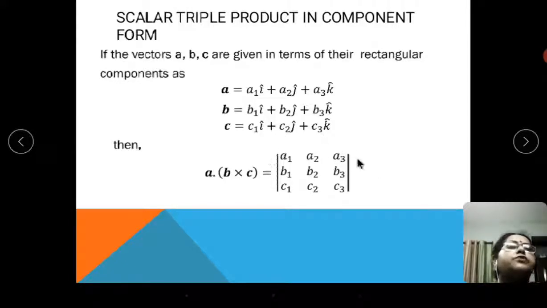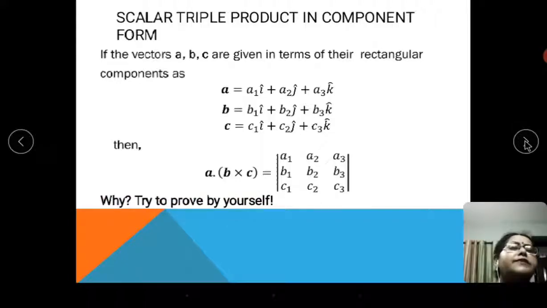The first row elements are the components of the first vector, the second row elements are the components of the second vector, and the third row elements are the components of the third vector. It's a very easy result to remember. So it's the 3 by 3 determinant A1, A2, A3, B1, B2, B3, C1, C2, C3.